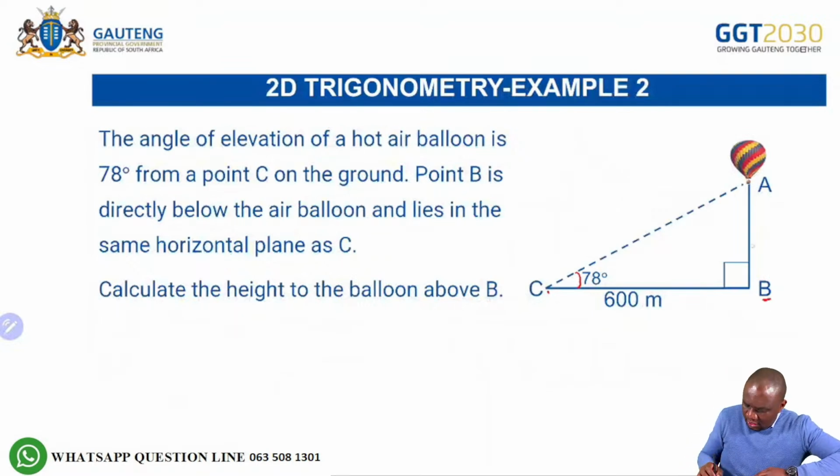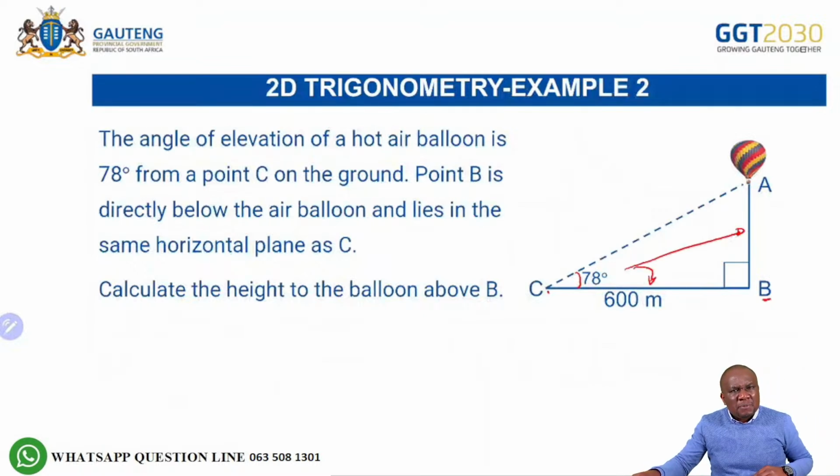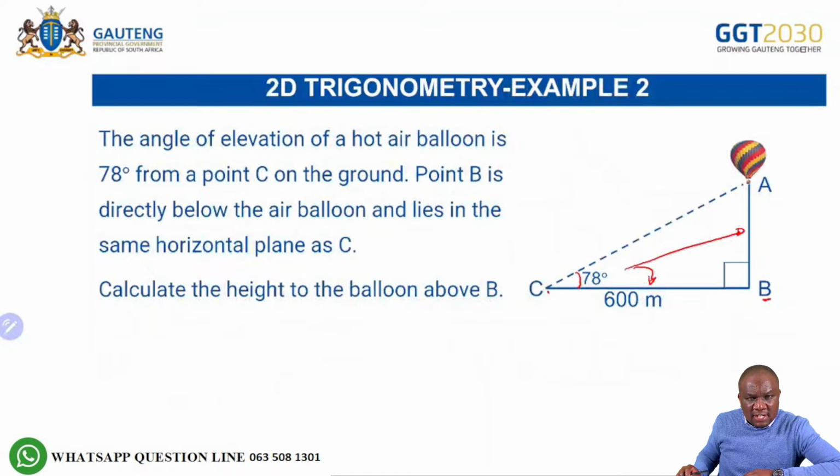So we're finding AB. How do we do that? AB is the opposite side, and this is the adjacent side. Which trigonometric ratio involves the opposite side and the adjacent side? Tangent of the angle.